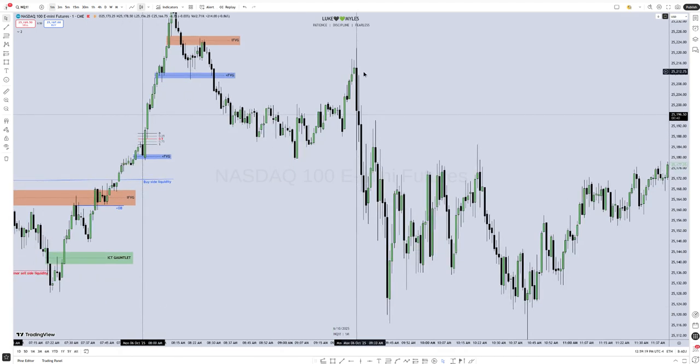We drop lower, accumulate, going into 930. Remember, a new day is opening up, we have accumulation, we manipulate. So the whole of this range, this is accumulation of orders.